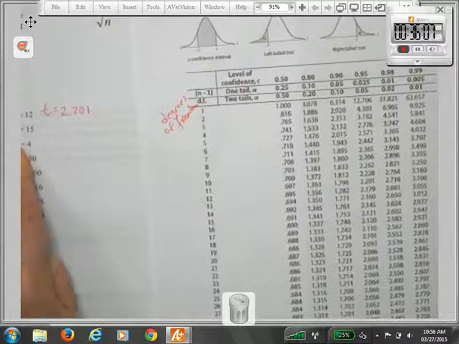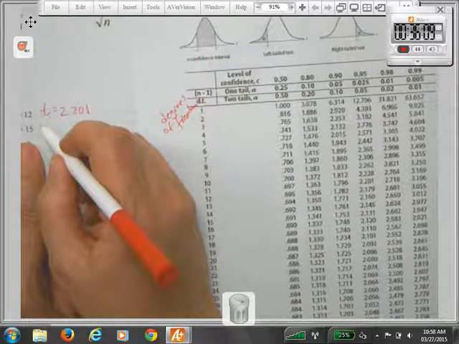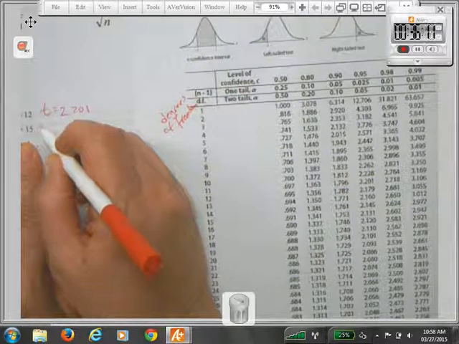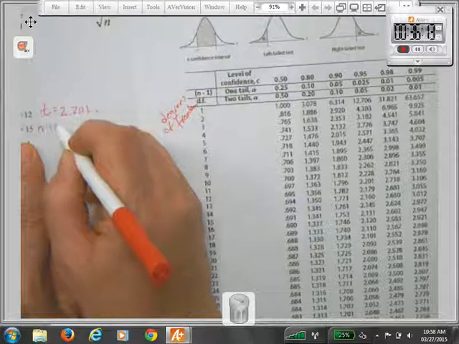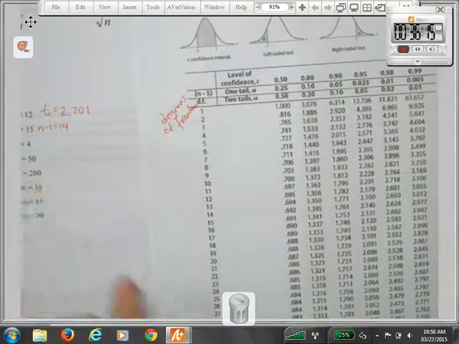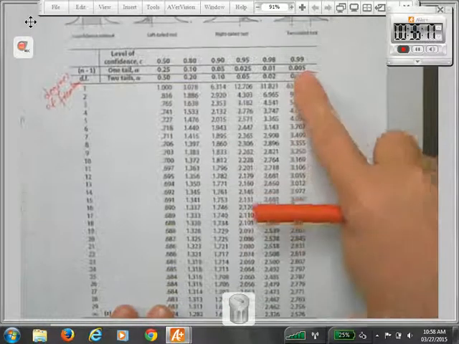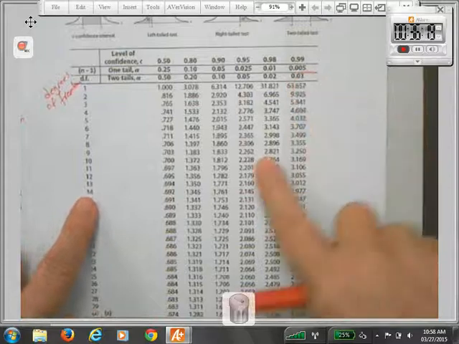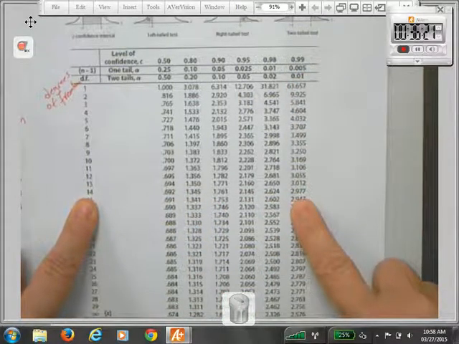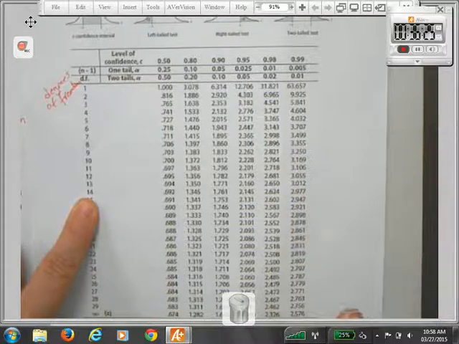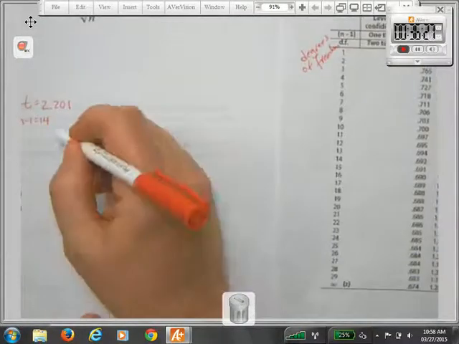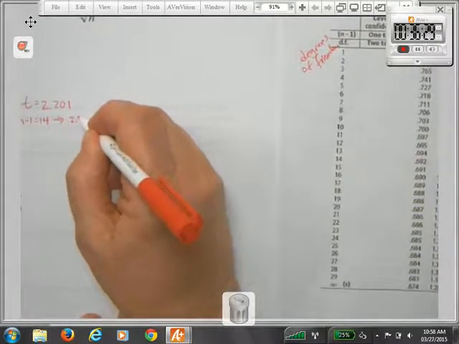Okay, and this next one, 99%. I'm going to go ahead and remind you N minus 1 equals 14. So we're looking at row 14 under 99%. Row 14 under 99% is 2.977. Okay, there you go.